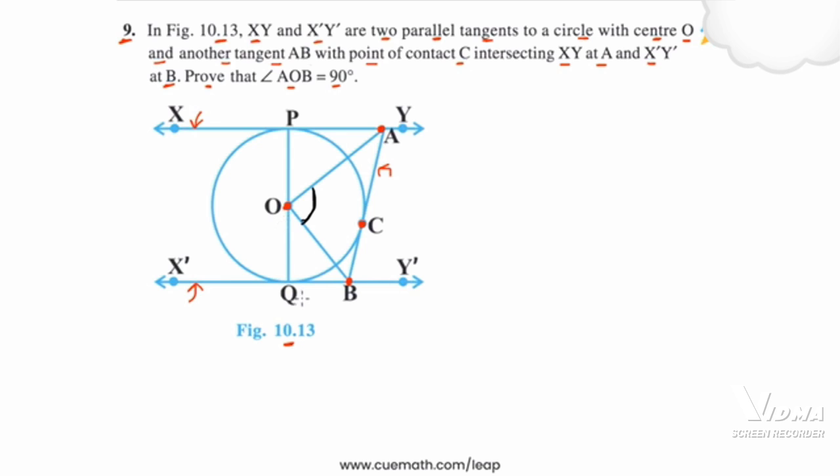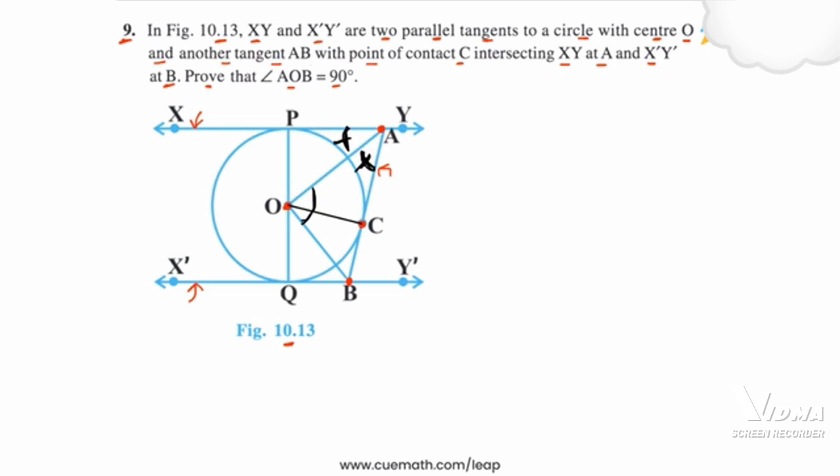The proof is actually quite simple, and to understand the proof, let's first join the center O with the point of contact C. Okay, now if you compare triangle OAP with triangle OAC, it's easy to show that these two triangles are congruent, and therefore angle OAP or angle PAO will be equal to angle CAO, this angle here, correct?